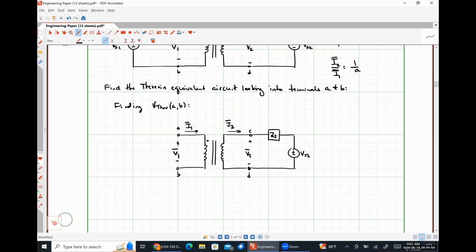Let me ask you guys a quick question here. What should the current I1 be? I expect you to be able to look at this and tell me. Oh, and I forgot my dot here.